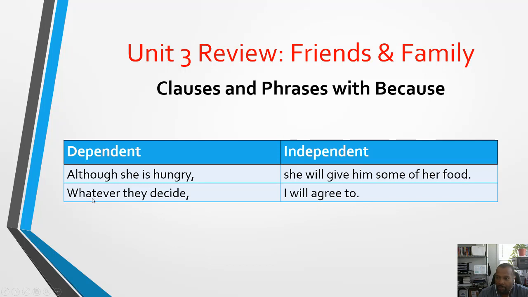Dependent clause: Whatever they decide. Independent clause: I will agree to. Put them together. Whatever they decide, I will agree to. All right. So those are examples of dependent and independent clauses.